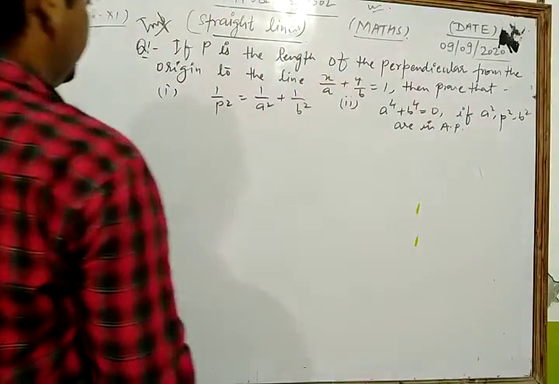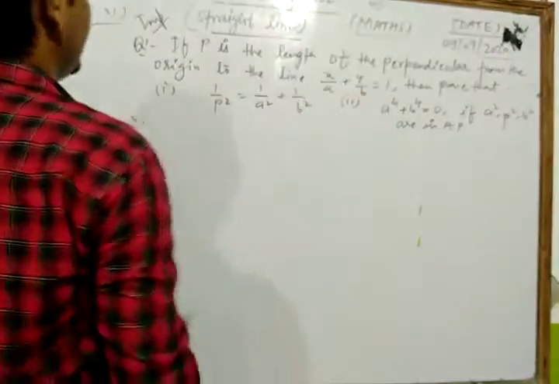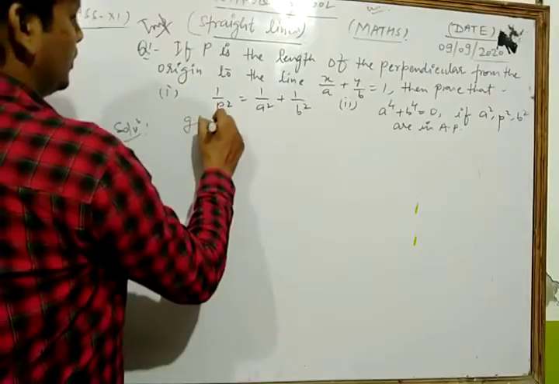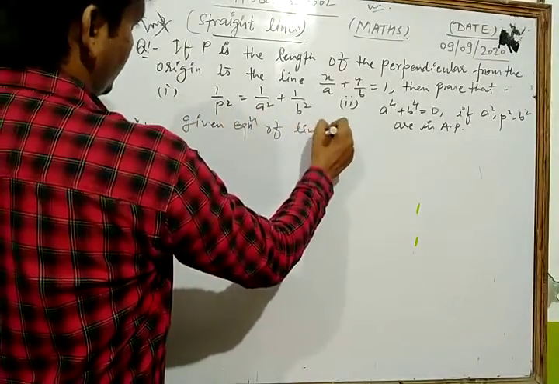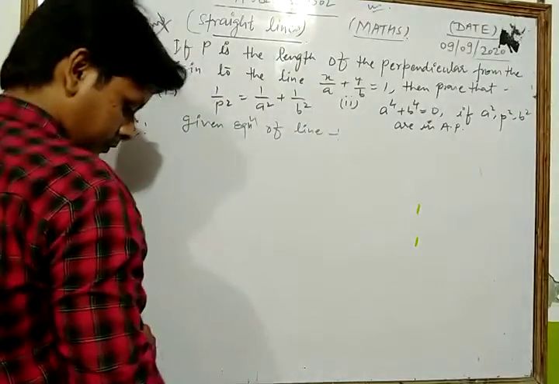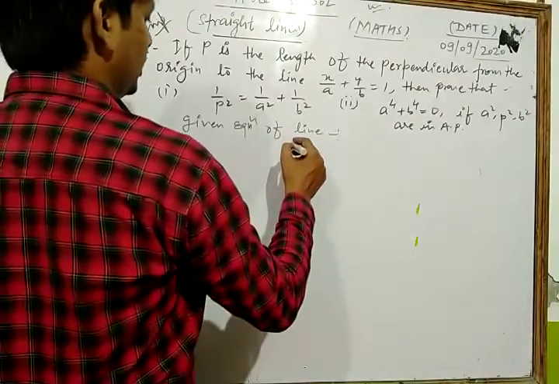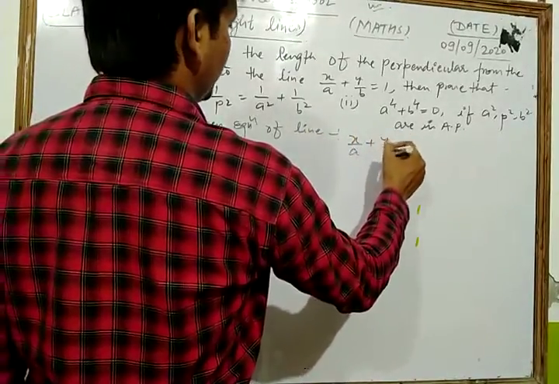Now look, first of all we write the given equation of the line: x upon a plus y upon b is equal to 1.